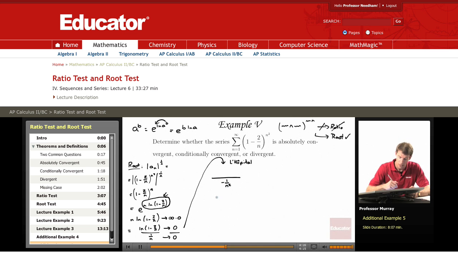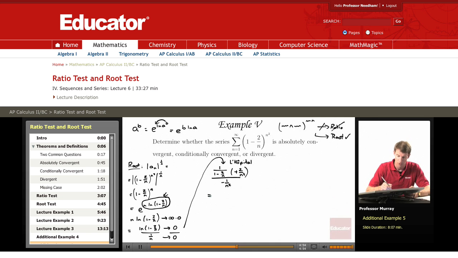Now, the derivative of the top, natural log of something, is 1 over that something, 1 minus 2 over n, times the derivative of the inside part. The derivative of 2 over n is negative 2 over n squared, so the derivative of negative 2 over n is positive 2 over n squared.